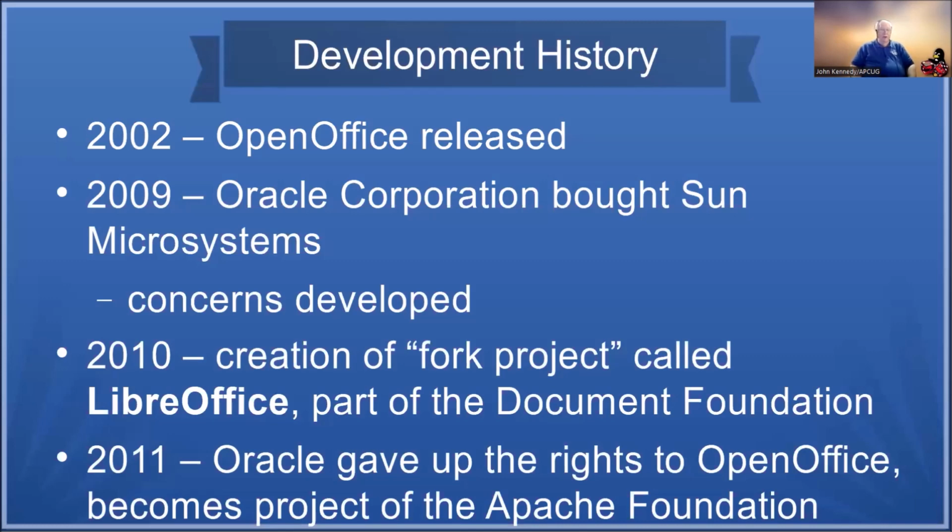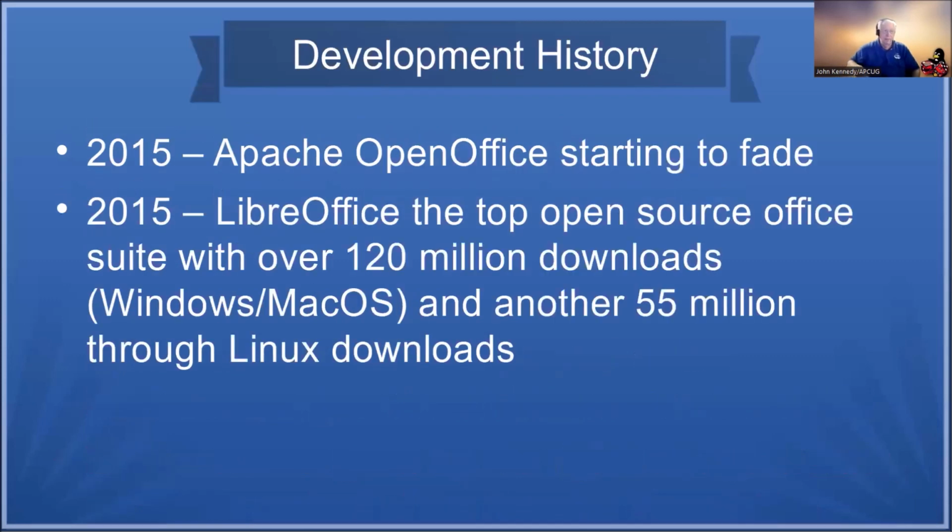And after another year, Oracle realized that with the developers having created LibreOffice, there wasn't going to be much to have OpenOffice, so they turned it over to the Apache Foundation, and the Apache Foundation attempted to keep it going.